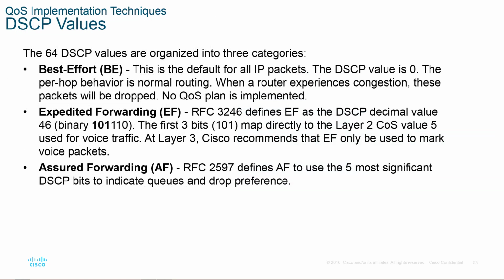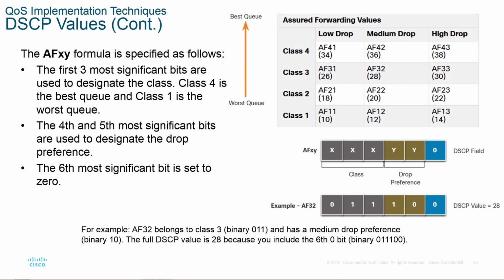Our DSCP values are organized into 3 categories. We've got best effort, expedited forwarding, or assured forwarding, depending upon how important the data is.